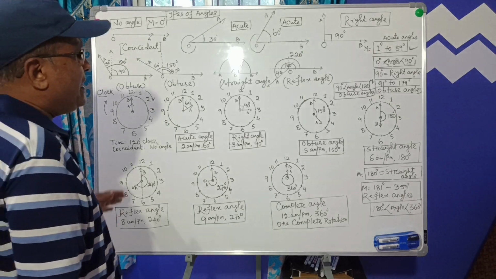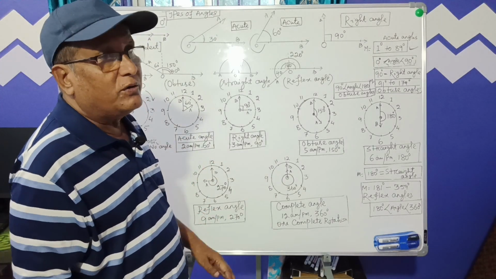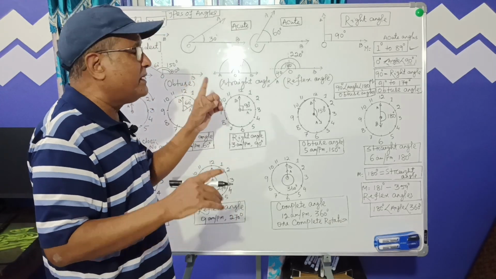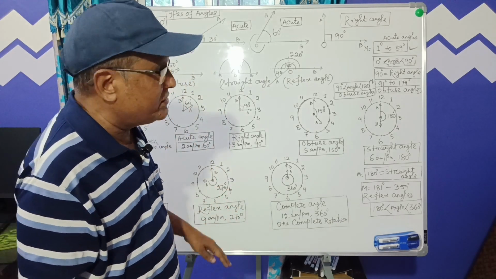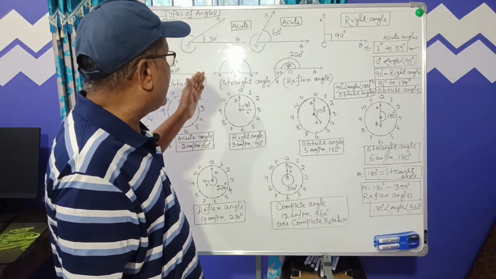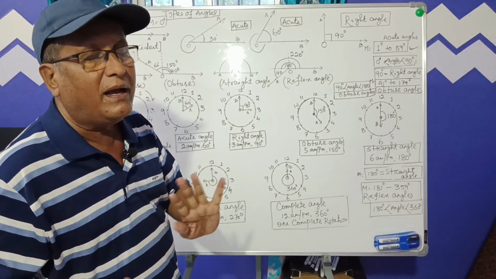So we have taken some day-to-day examples to make your concept clear about the different types of angles that we discussed, that is acute, obtuse, right, straight, and reflex angles.